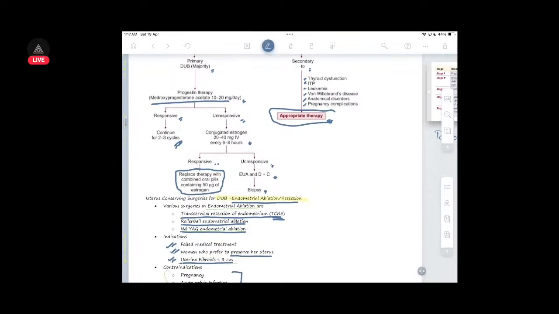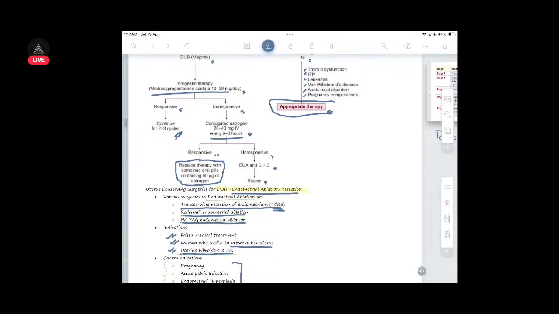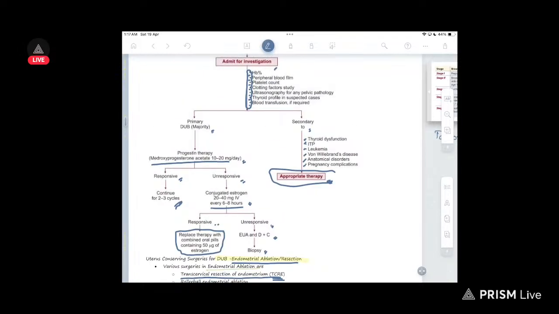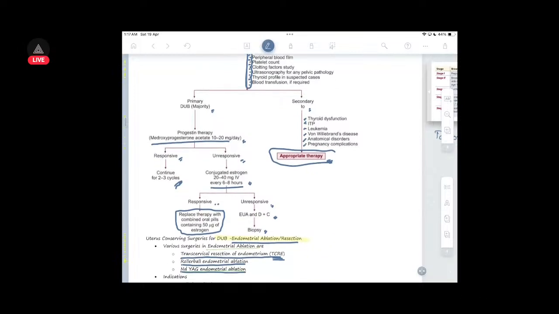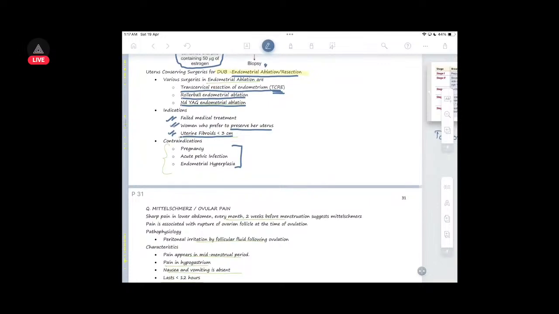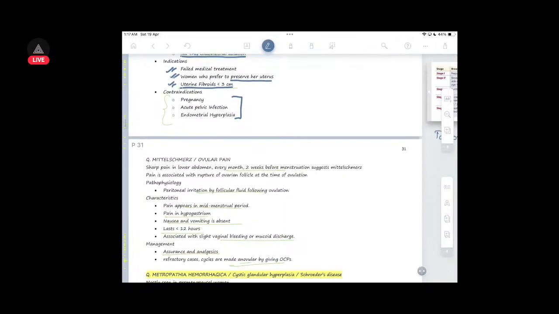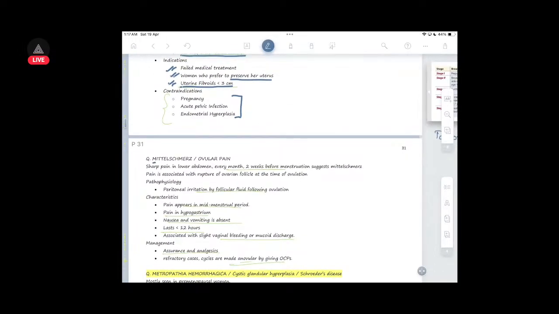If it's unresponsive, you give conjugated estrogen. If it's responsive, you replace the therapy with combined OC pills, and if it's unresponsive, you do EUA, DNC and biopsy. If it is secondary causes, then thyroid dysfunction, ITP, leukemia, anatomical disorders and pregnancy complications.